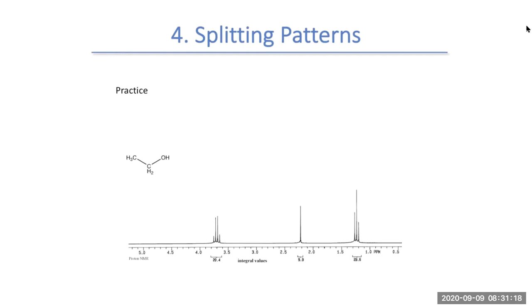Now if we look, I have an OH, a CH3, and a CH2. If we first look at the CH3, the CH3 is bonded to the CH2. That CH2 has 2 hydrogens. So that means my CH3 has 2 neighbors.